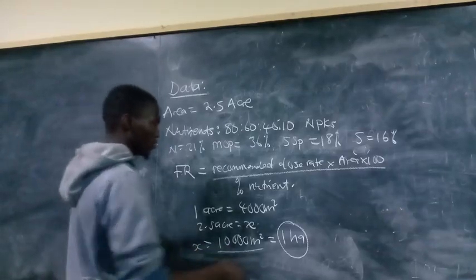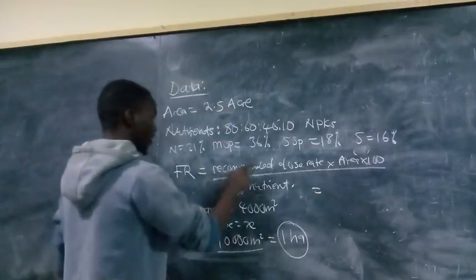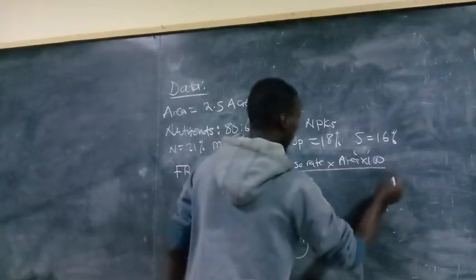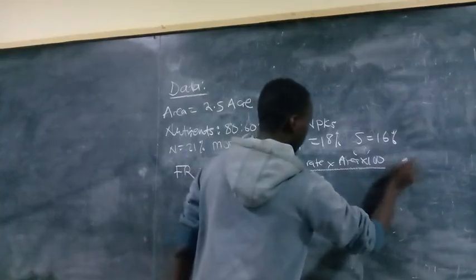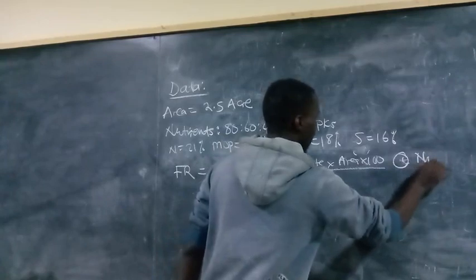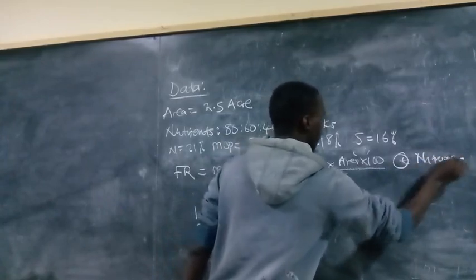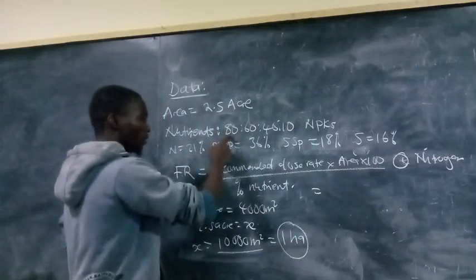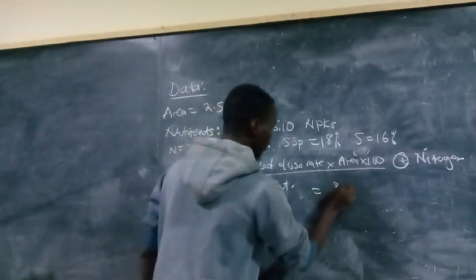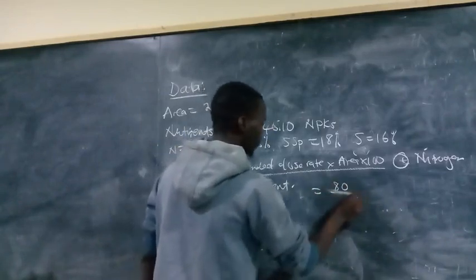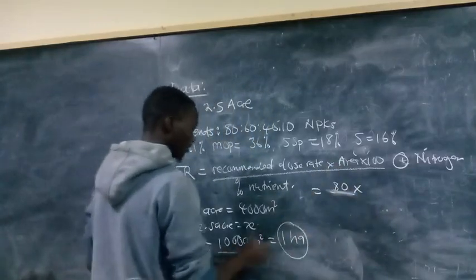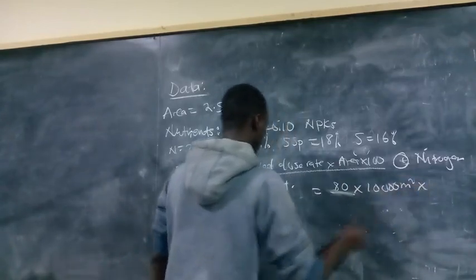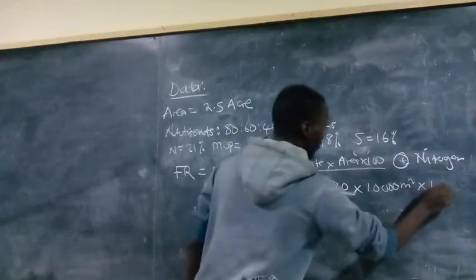So let me just put it here so that you see the way it goes. I'm going to start with nitrogen. For nitrogen, we know the recommended dose rate is 80. So it will be 80, multiplied by the area, which is 10,000 square meters, by 100.